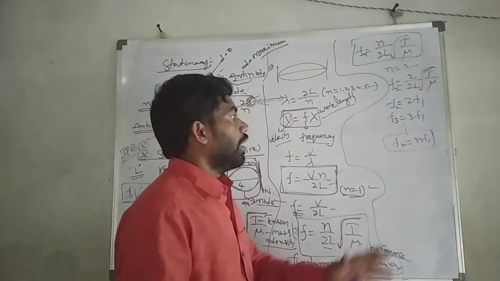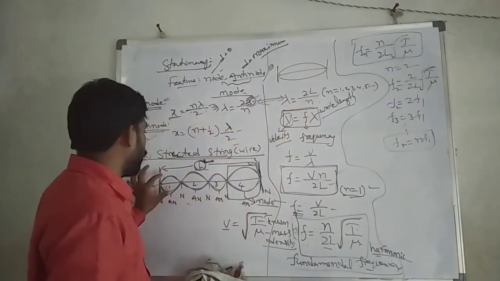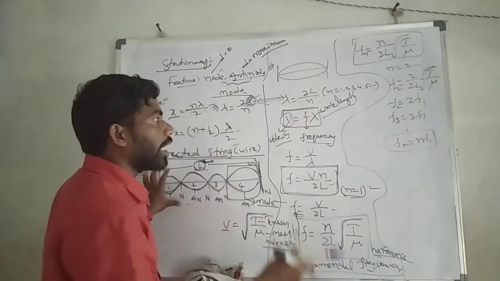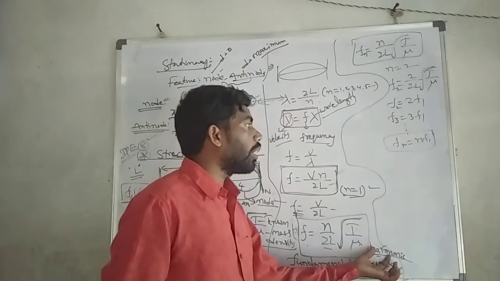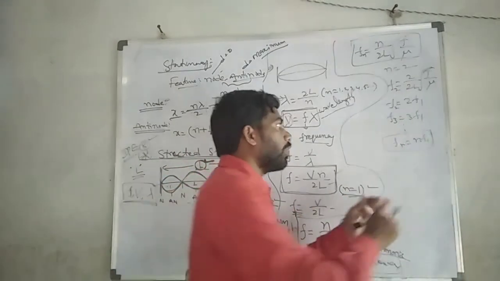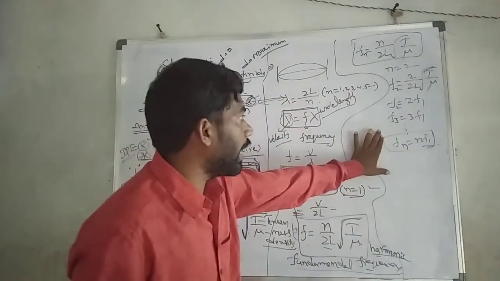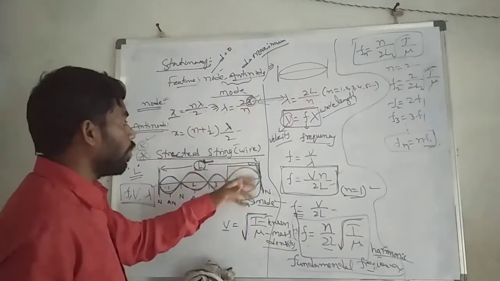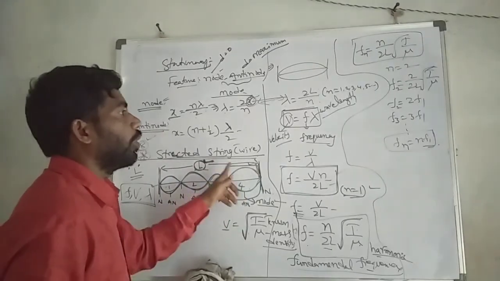So as the number of modes increases, these modes can be written in terms of the fundamental frequency or fundamental harmonic. We show this in the equation Fn equals n into F1. This indicates all the modes as multiples of the primary mode.